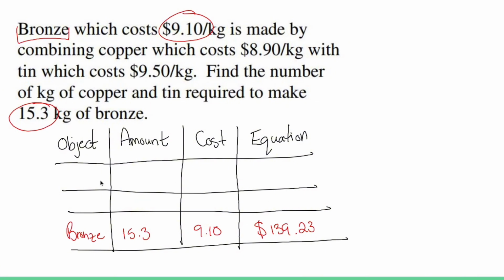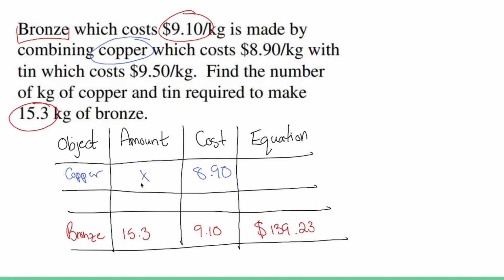Fun. Now, what else do we have? So that's object number one. I have copper. Copper costs $8.90 per kilogram. Do we know how much we have of this?